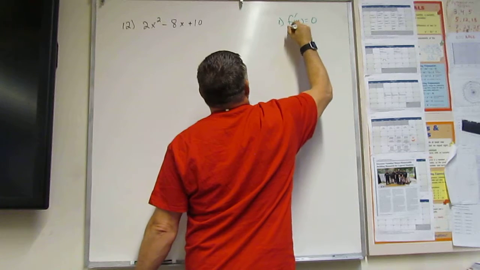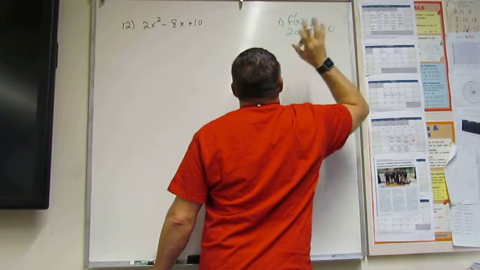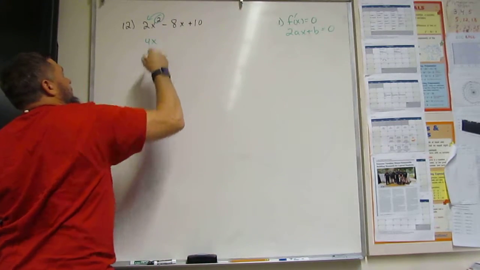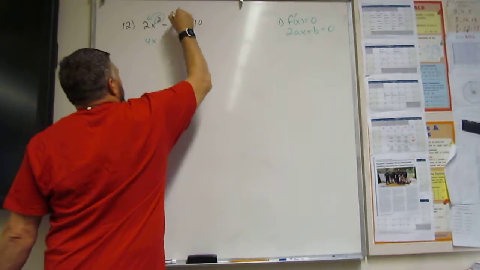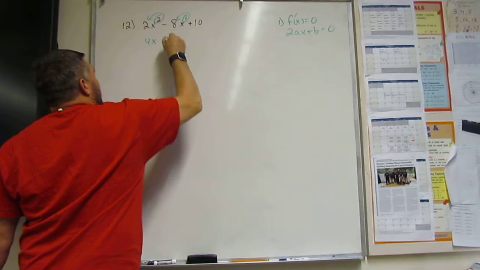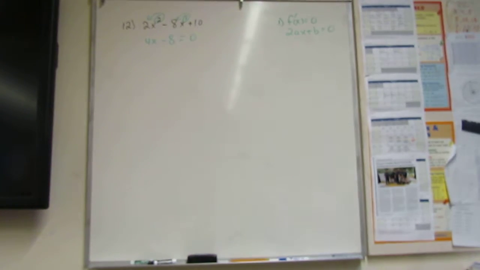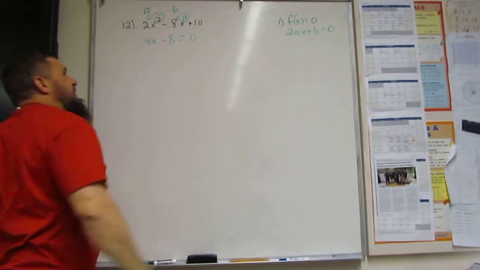So that means that 2ax plus b is equal to 0. However you want to do it. This times this is 4, right? 1 times 8 is 8. And set it equal to 0. And that's the derivative. Otherwise, it's 2 times a plus b.